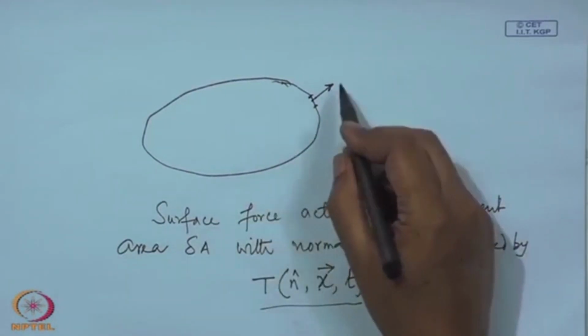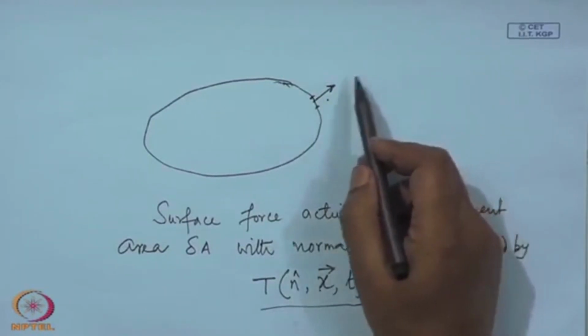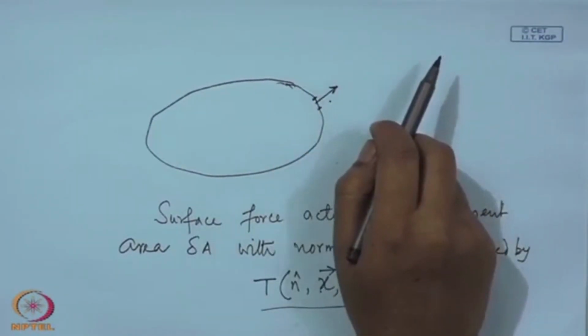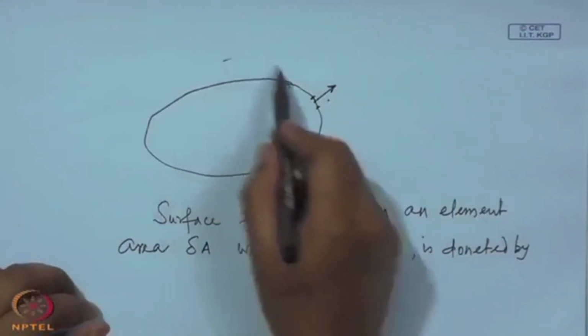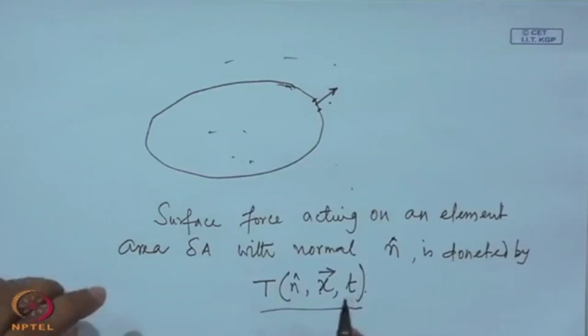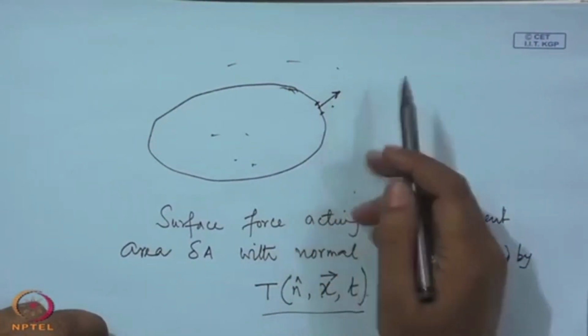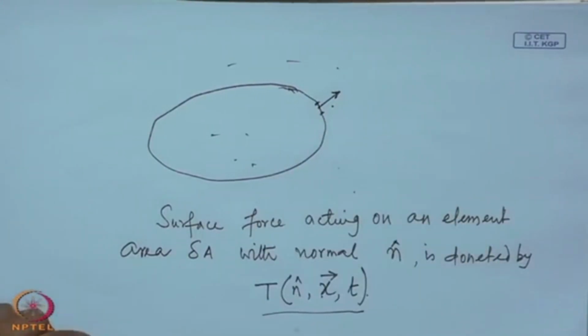That is, this is the part of the fluid to which this normal direction points. Let us say this is only fluid, outside also fluid and inside also fluid, and this is an enclosing area. Then the fluid which is outside is exerting a surface force on the fluid which is inside, and let us say that is this T n x t, what we have written here.